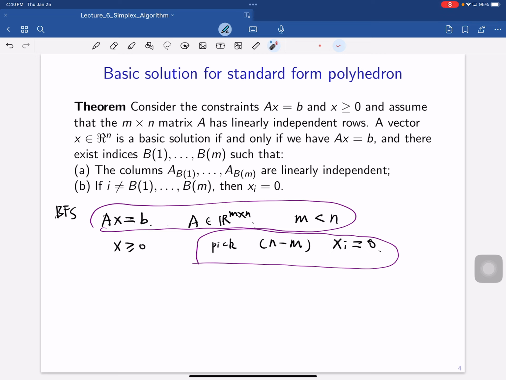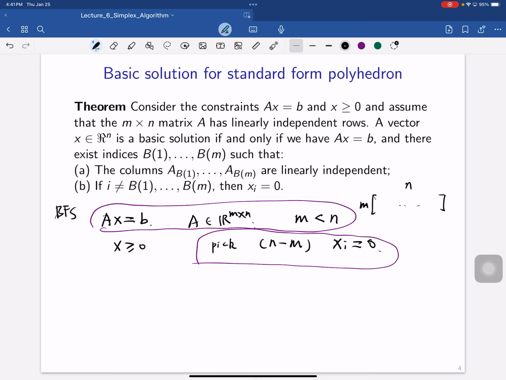So remember, A is an m by n matrix, and m is less than or equal to n, right? So in other words, if you look at the shape of A, it's in this shape, right? Where m is the rows, n are the columns, right? M is less than or equal to n. So A is kind of in this flat shape, right?